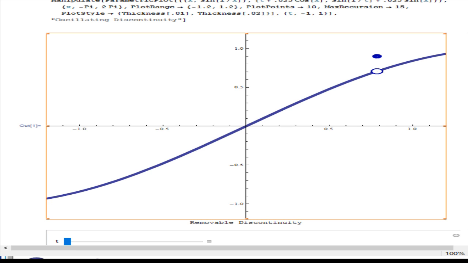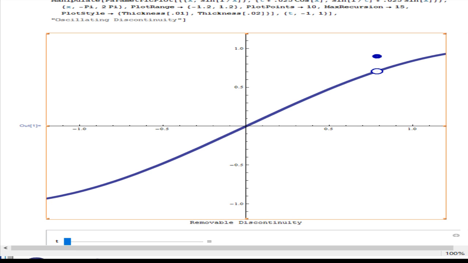If we look at any other part of the function, it's continuous there because we have no weird gaps or jumps or breaks in the graph. But at that point, at x equals, I guess it's 0.8, not 0.7, the graph is discontinuous because we have this gap here. And the value of the function is different from what the function is pointing to, again, in some sense of the word point.